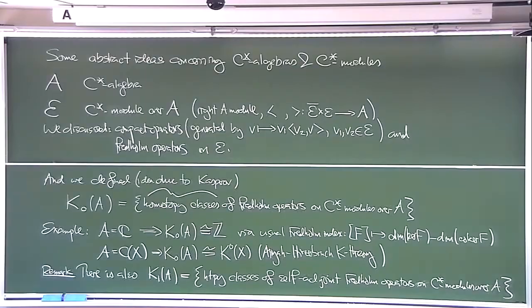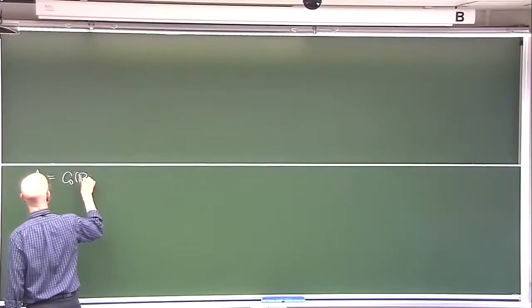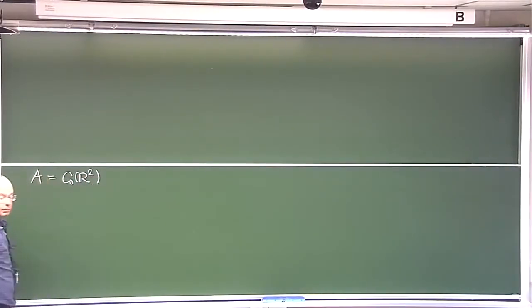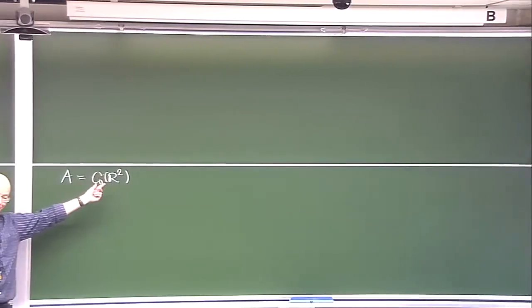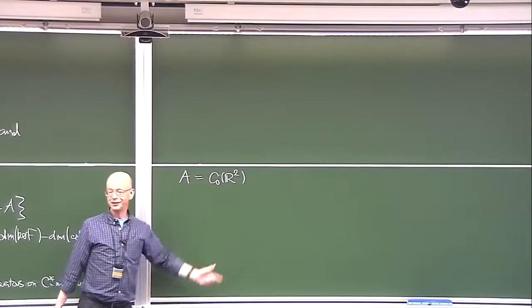And here's an interesting example, the plane. And this is an excellent example for our purposes. It will illustrate what we want to achieve in group C-star algebras, as you'll see. So I want to give you an example of a very interesting Fredholm operator over this thing.